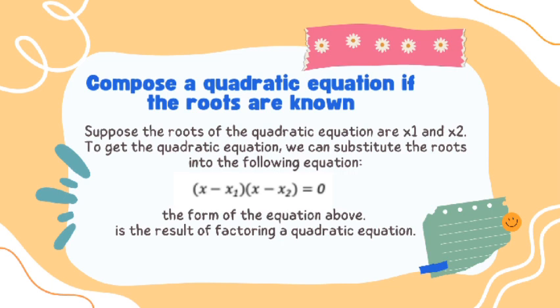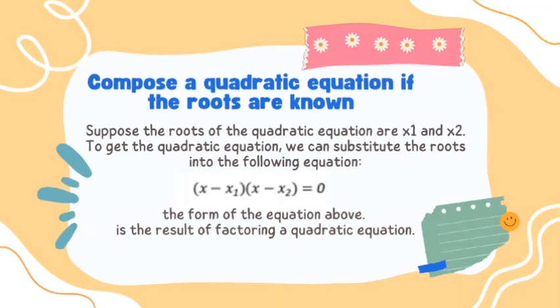To get the quadratic equation, we can substitute the roots into the following equation: (x minus x1)(x minus x2) equals 0. The form of the equation above is the result of factoring a quadratic equation.